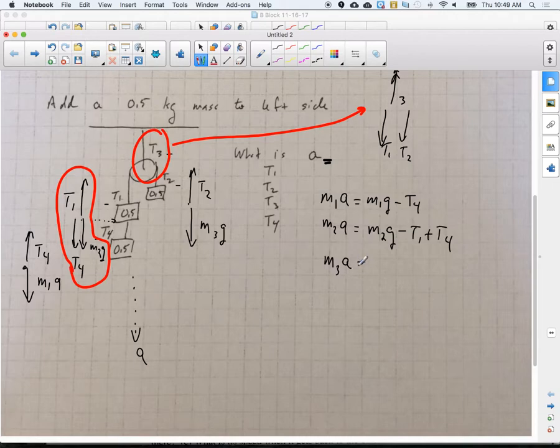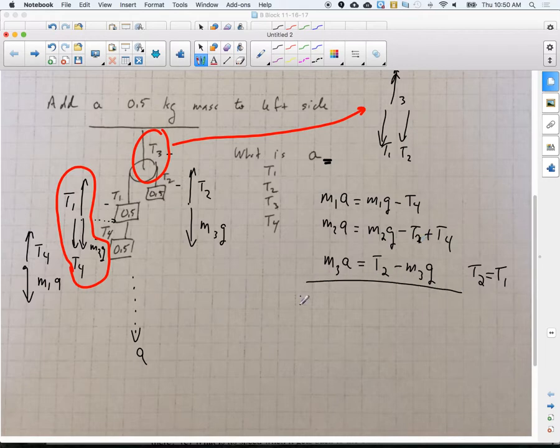M3A is equal to, so we'll come over here now, I've got a T2 coming up, and I have a minus M3G going down. And then I'm going to make note of the fact that T2 equals T1. So I'm going to change this one to T2, right? They're connected by a pulley, so that's a fair assumption.